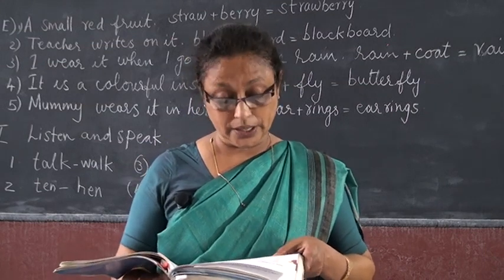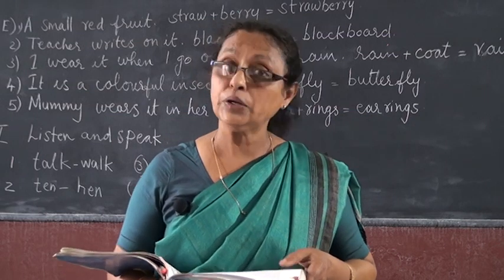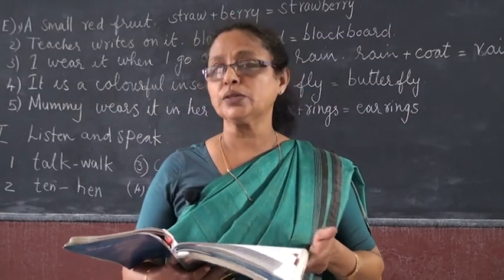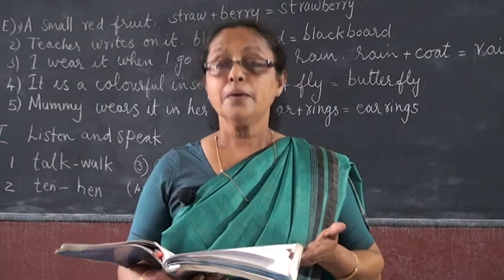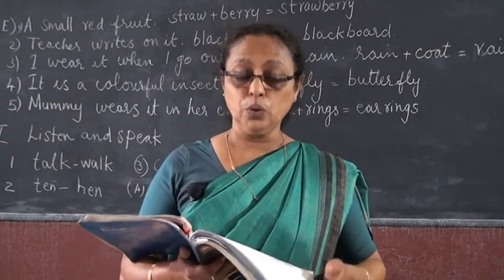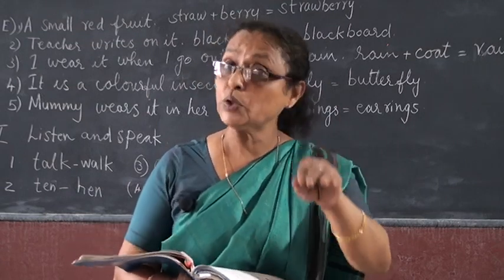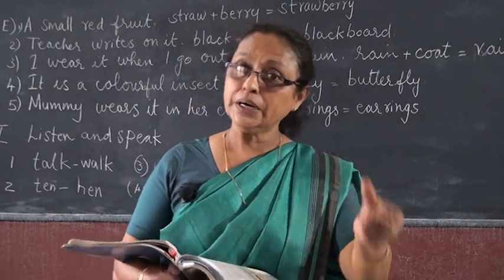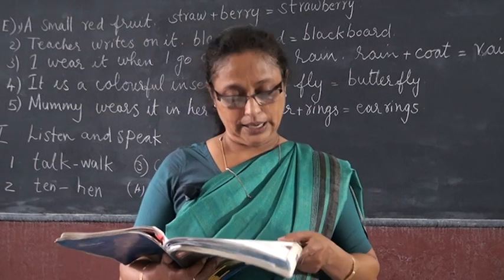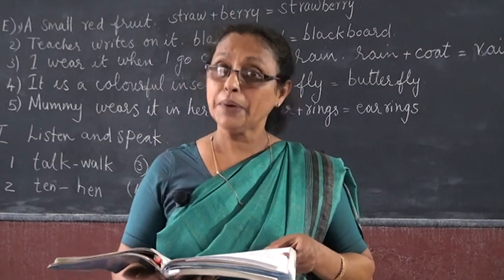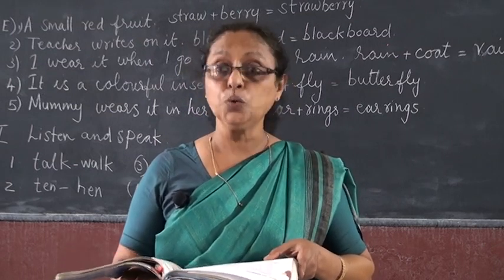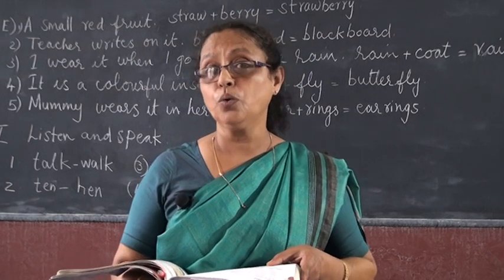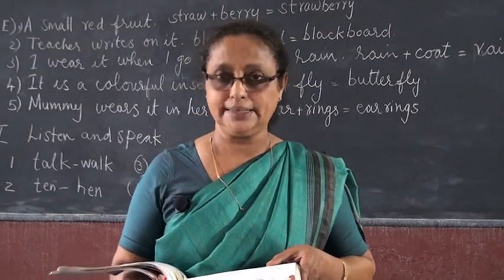The first one is already given to you: when you go to the stationery shop, what all things can you see? Pencil, pen, notebook, glue. The answer is given to you in the textbook in the box. From there you should choose and write. Pencil is already written for you in the stationery shop. When you go, you can see a pencil there and you will buy it if you want.